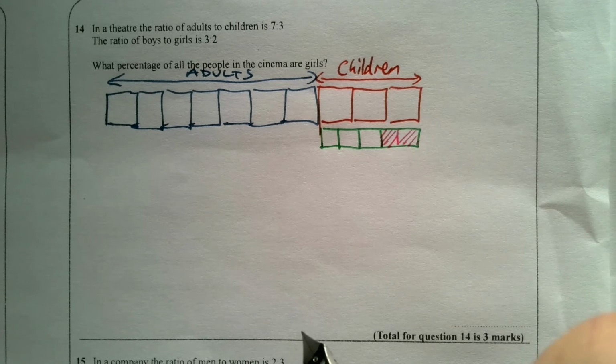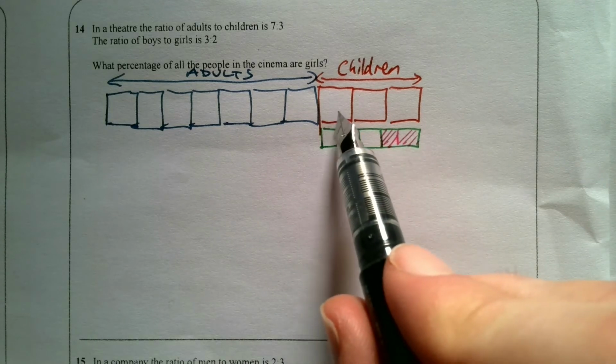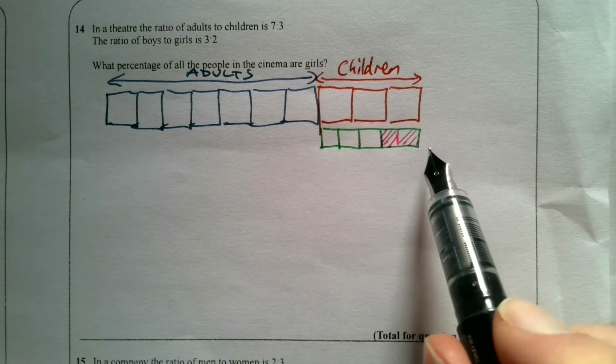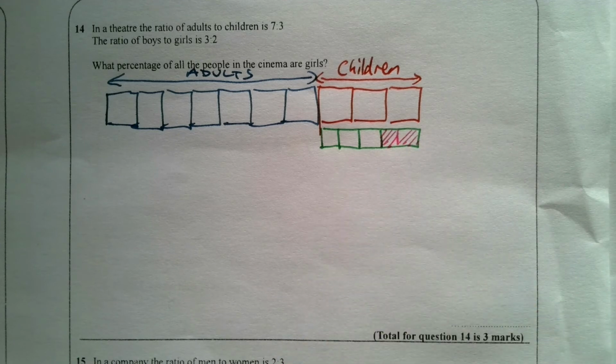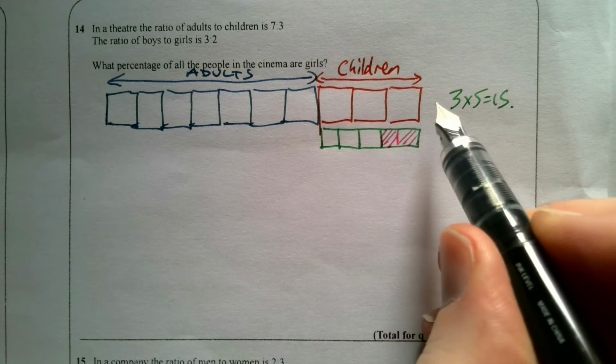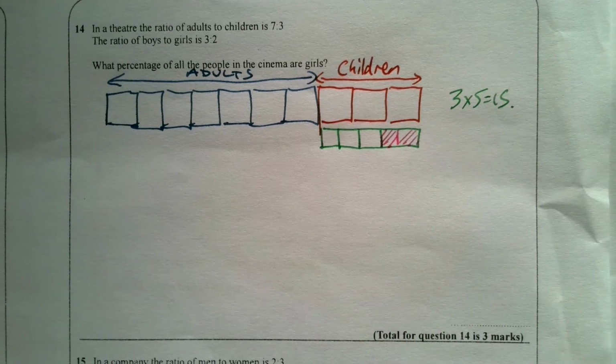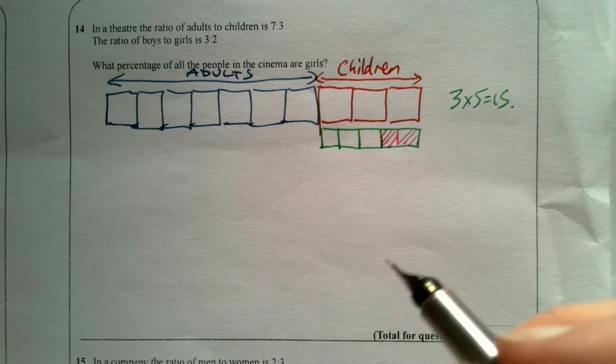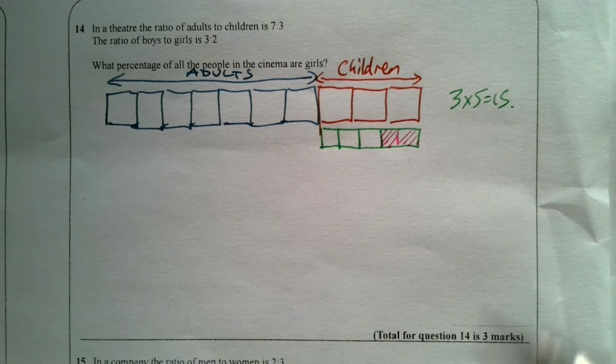So how can we make them tee up? Well, the way to do it is if we have this 3 as a number that the 15 goes into. Sorry, that the 5 goes into. And because 3 times 5 equals 15, we need to have another look at the children and make that 5 times as many. So each one of the children's parts is going to be split into 5.